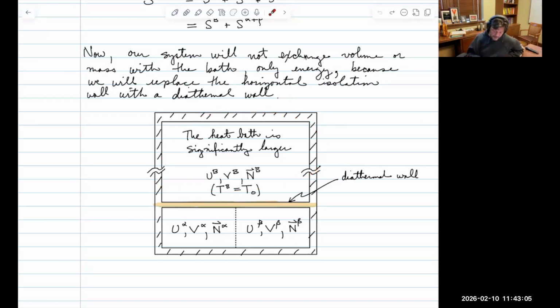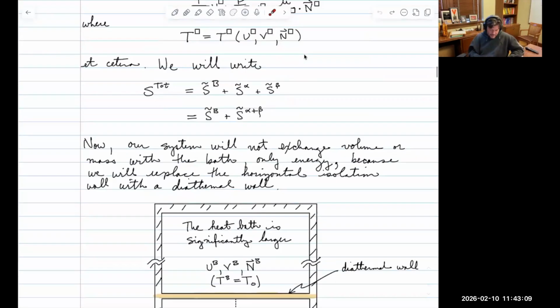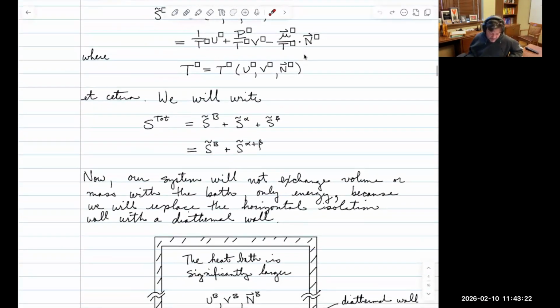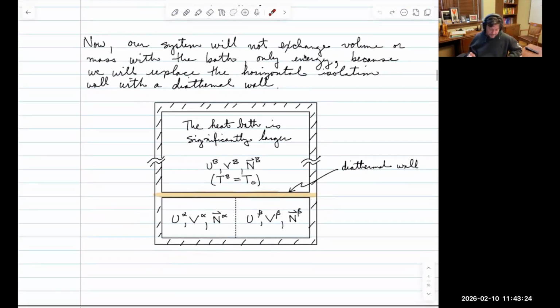And it's going to be so large that the temperature of B is going to change a little bit from its original value. Its original values were T naught, the pressure was P naught, and the chemical potential was mu naught. The values are going to change, but they're going to change very slightly and basically imperceptibly.